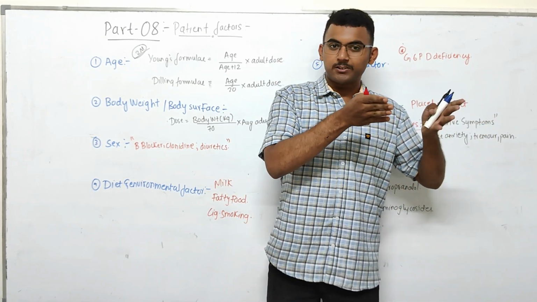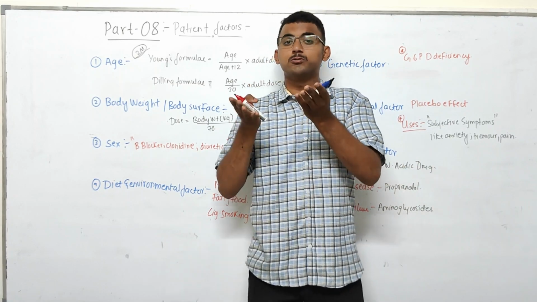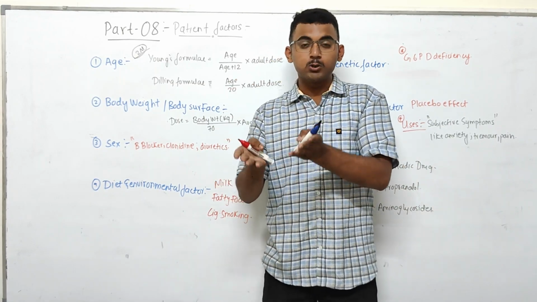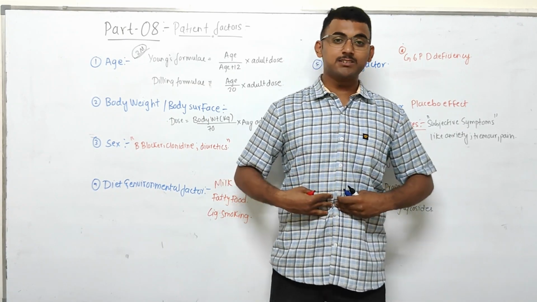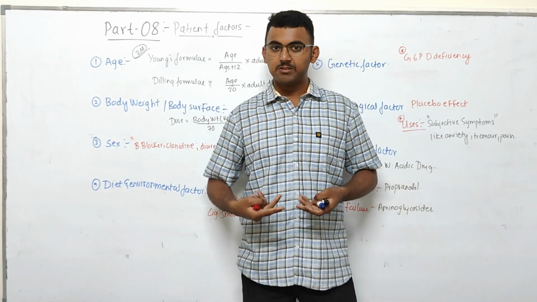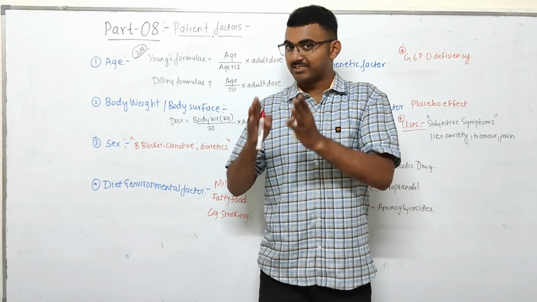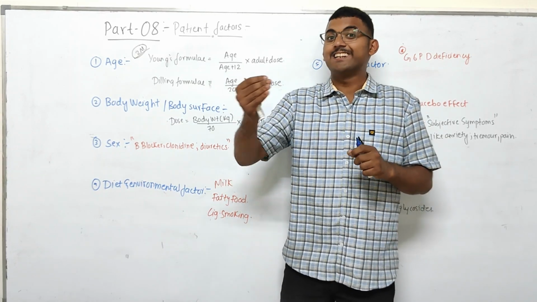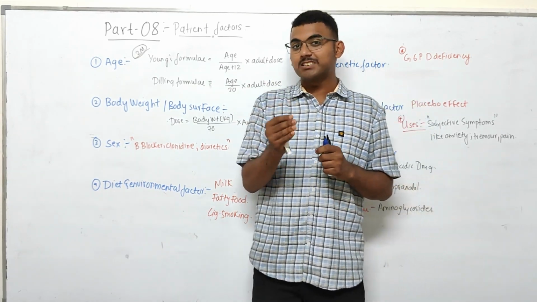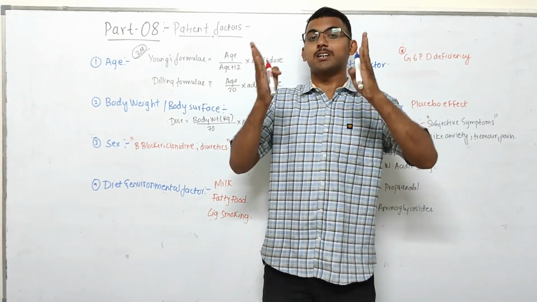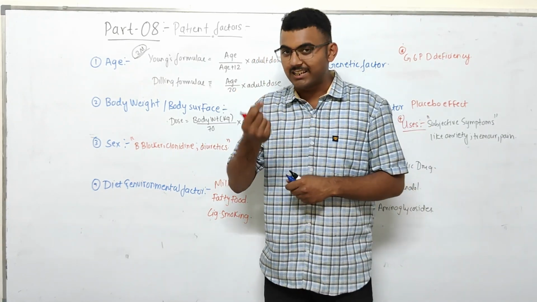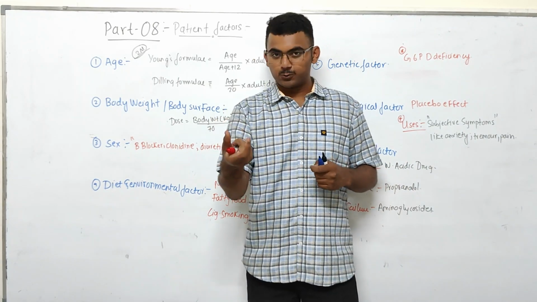The same dose of a drug given to an adult cannot be given to a neonate, because in adults our body is functioning very well, our liver and kidney are developed, but this is not the case in neonates. So we have to slightly reduce the dose. We have certain dose calculations based on the adult dose: if we know the adult dose, we do some calculations and get the child dose or the neonate dose.